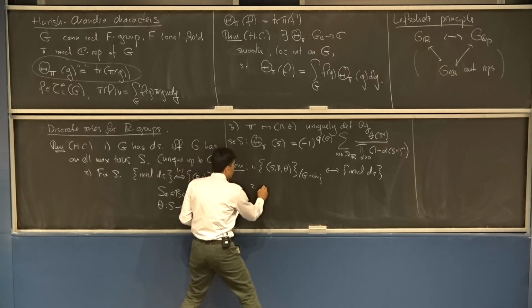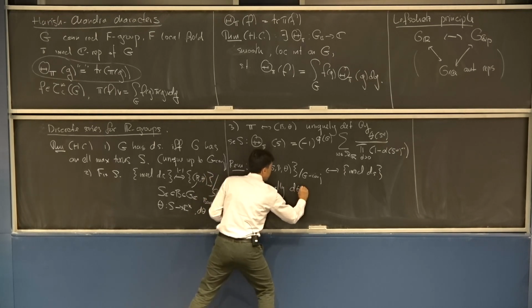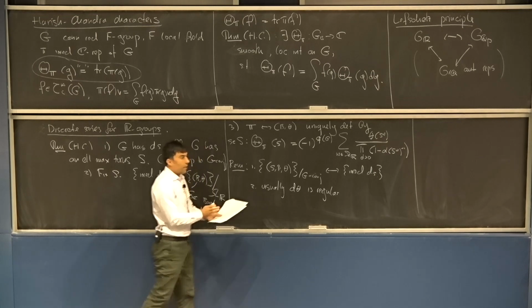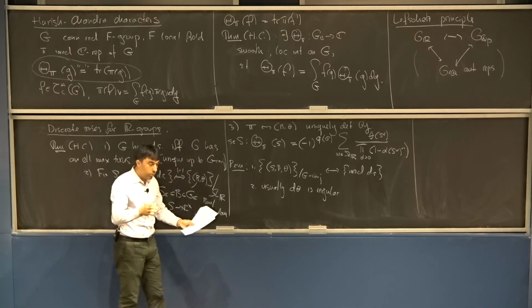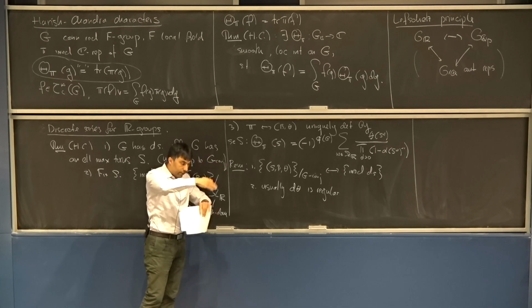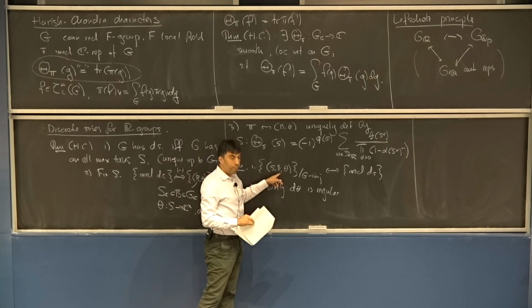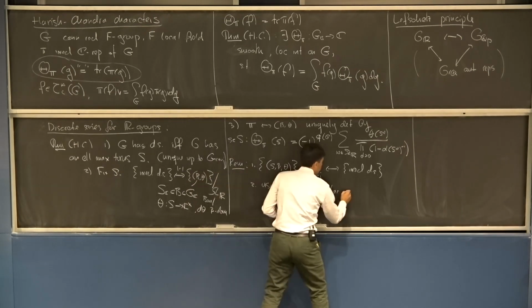The next thing I want to say is that usually d theta is regular. So this d theta is going to lie in a certain integral cone. And this cone has walls. And there are few things on the walls. Everything else is inside. And once this is inside, it will determine the B. So we can drop the B from the datum.